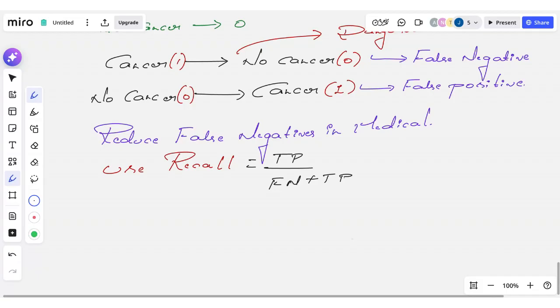How many cancer patients are classified as cancer? If any cancer patient is classified as a non-cancer patient, such misclassification has to be reduced. If you reduce this, the score will increase. So you should consider recall whenever you think of the medical domain. Understood? Is it making sense now?